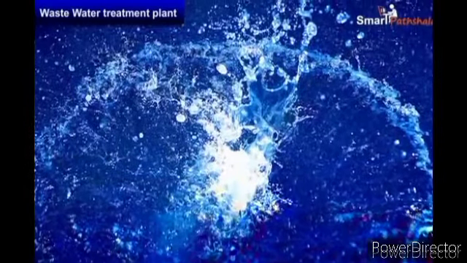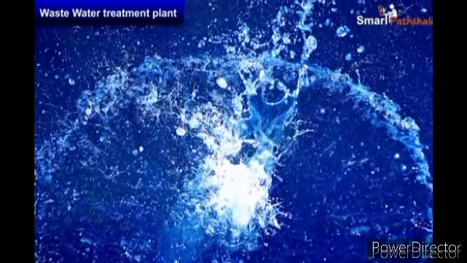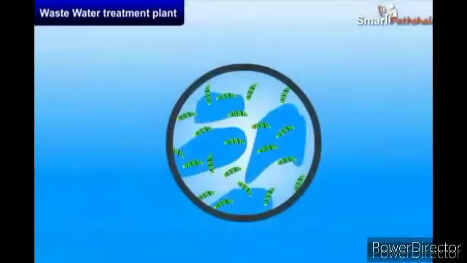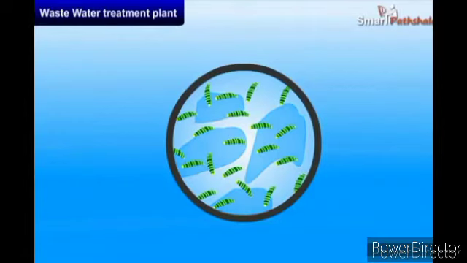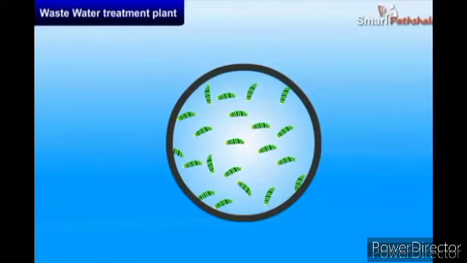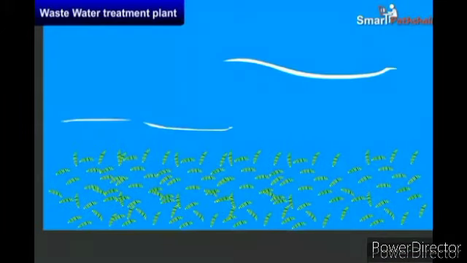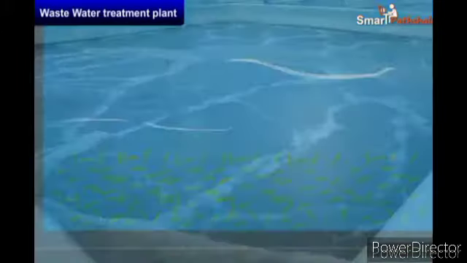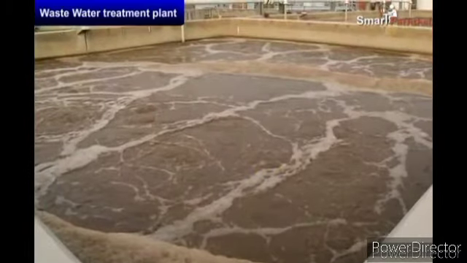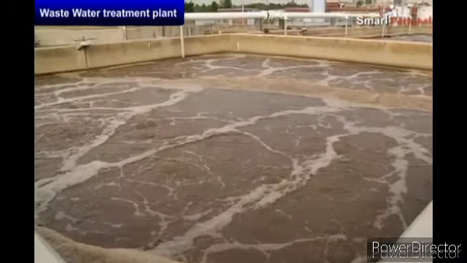Now, air is pumped into the clarified water to help aerobic bacteria grow. Bacteria consume human waste, food waste, soaps and other unwanted matter still remaining in the clarified water. After several hours, the suspended microbes settle at the bottom of the tank as activated sludge.